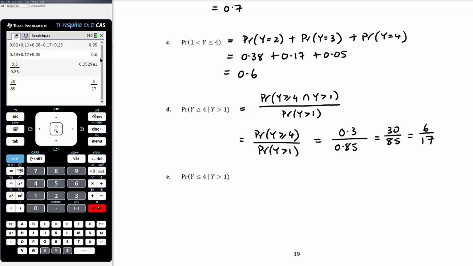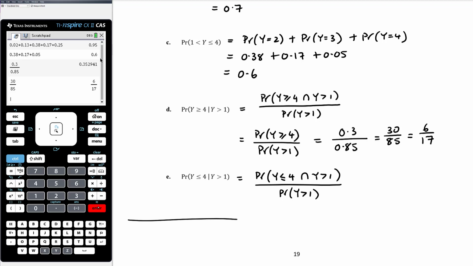And then part E, we want the probability that y is less than or equal to 4, given that y is greater than 1. Okay, so again, we need the intersection of those two things, y less than or equal to 4 and bigger than 1, over the denominator, which is y is bigger than 1.